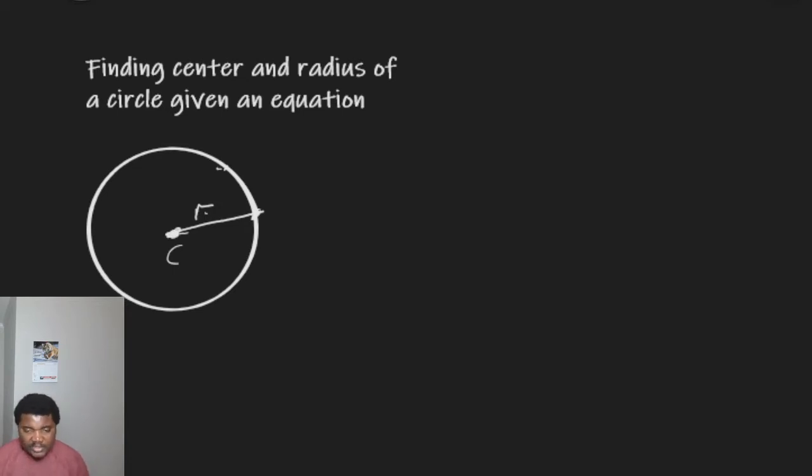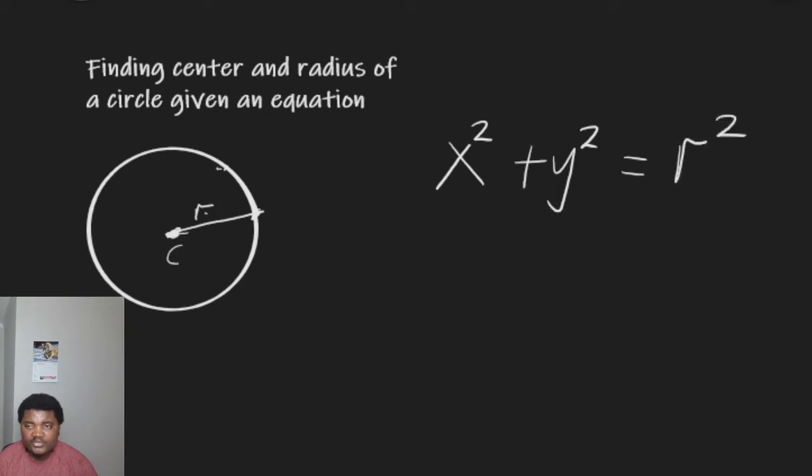In this lesson, I'm not going to go through how we came about the equation of a circle. I might do that later on. But the equation of a circle is basically x squared plus y squared equal to r squared.